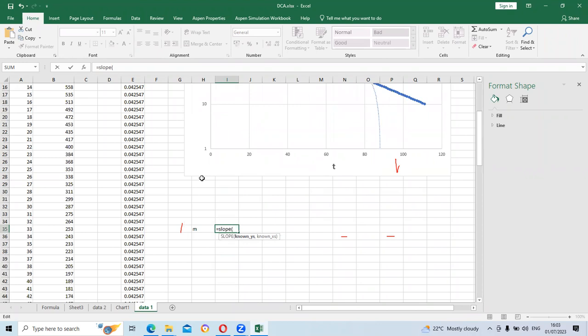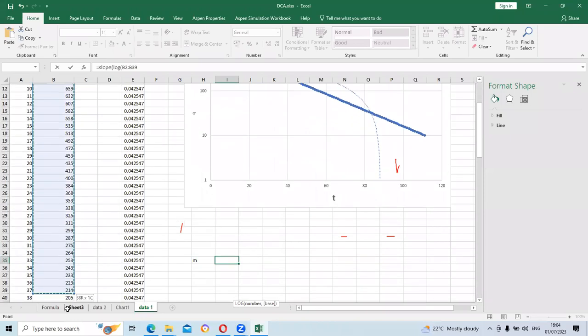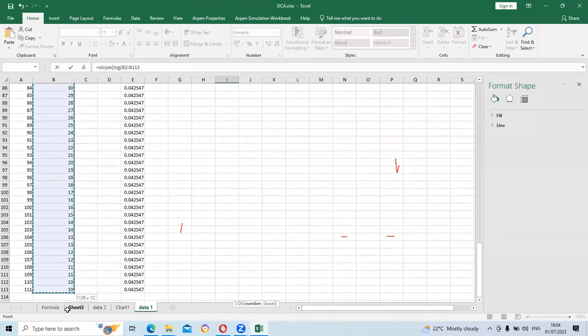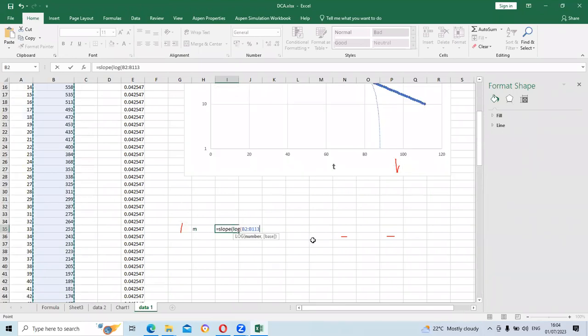So I will give the log of the rate, I take it down. I close it, then comma.